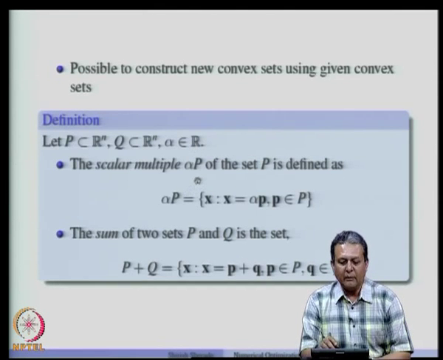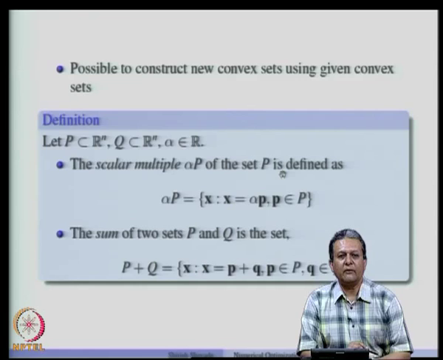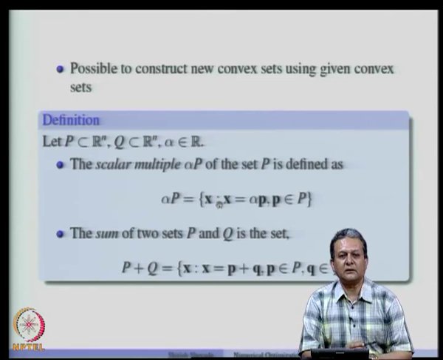The scalar multiple alpha P of the set is defined as the set of all points x such that x equals alpha p, where p belongs to P. So, given alpha, which is a real number, we take every p from the set P, multiply it by alpha and get x. Then we collect all such x's from all possible p's, and that will form the set alpha P.